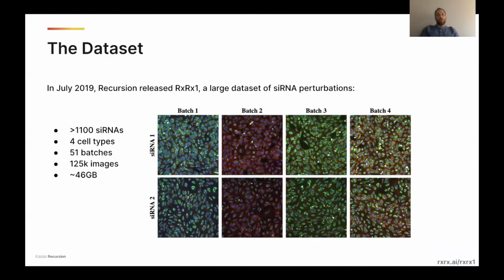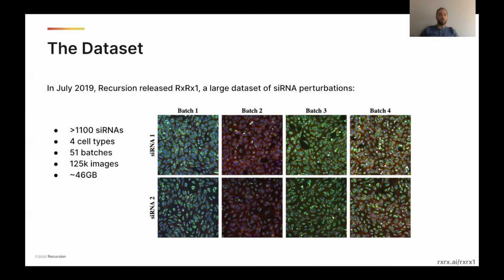So in July 2019, Recursion released RxRx1, a large data set consisting of 1,108 individual siRNA perturbations treated in 4 different cell types and imaged in 51 different experimental batches, yielding about 125,000 images and around 46 gigabytes of data.